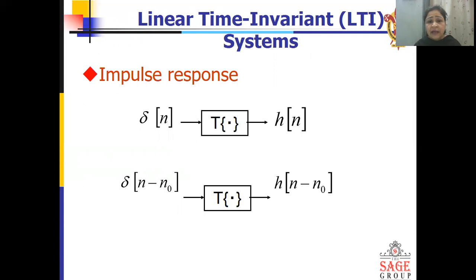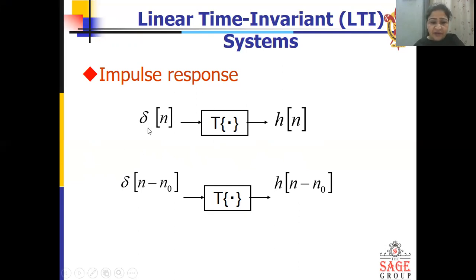Now, what is linear time invariant system? In my previous slides, I have discussed about the linear system and time invariant system. If a system is linear as well as time invariant, in that case, the system is known as linear time invariant system, which is LTI system. Now, suppose the system is LTI system.